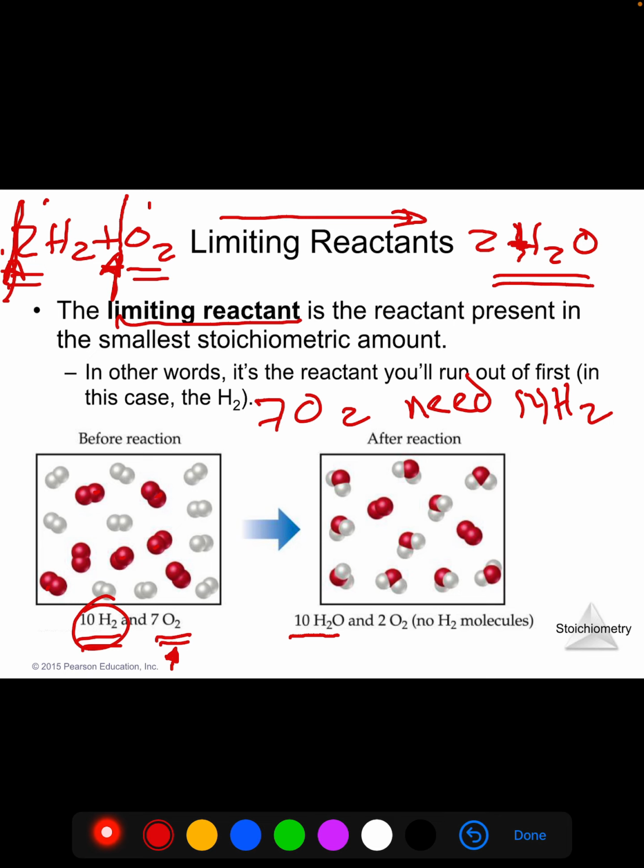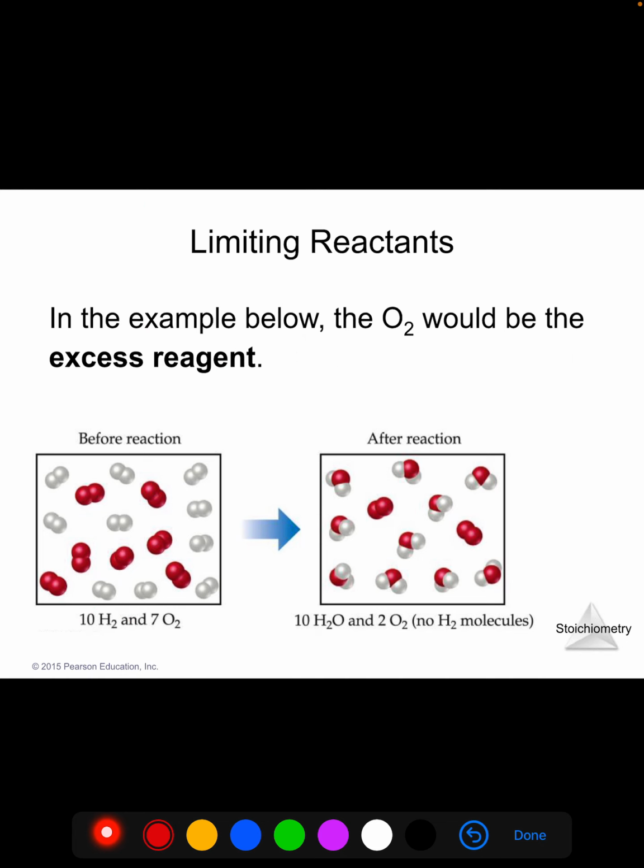So hydrogen was my limiting reactant, and I'm left with excess unreacted oxygen. So in the example, the oxygen would be the excess reagent, and the hydrogen would be limiting.